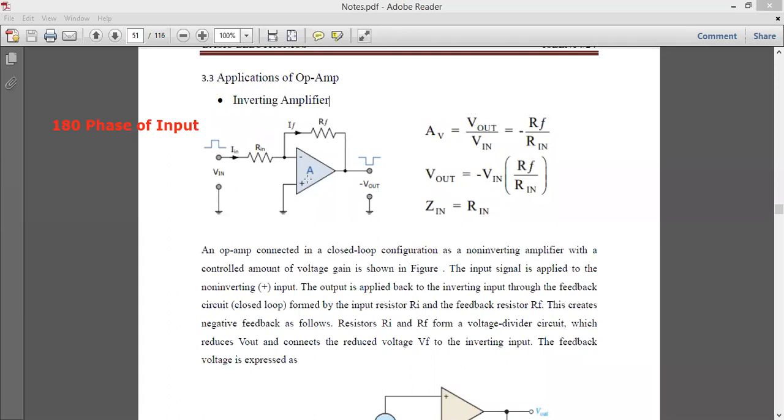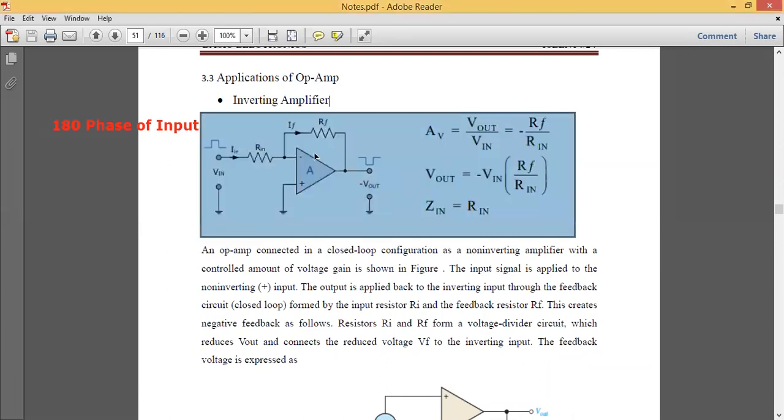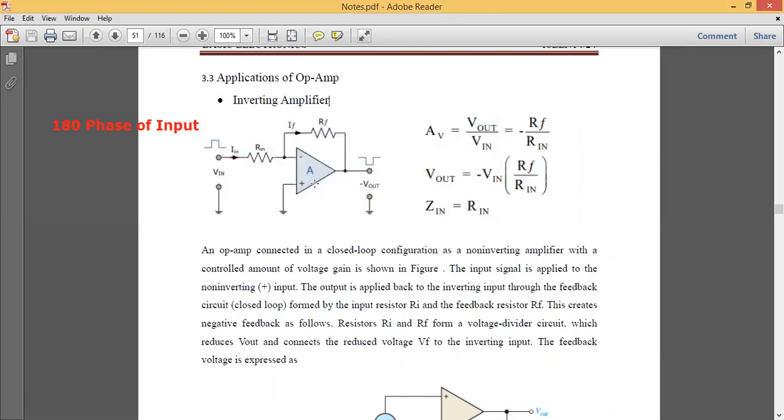Now if you look at this diagram here, it consists of a small feedback. Try to understand the concept, a small concept I will take, so that it will help you also. At the end you need to derive the equation for the voltage gain of the inverting amplifier, which is more important compared to finding the other terminologies.